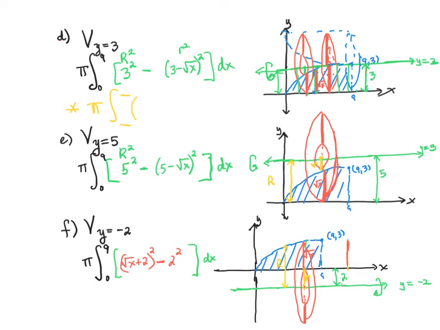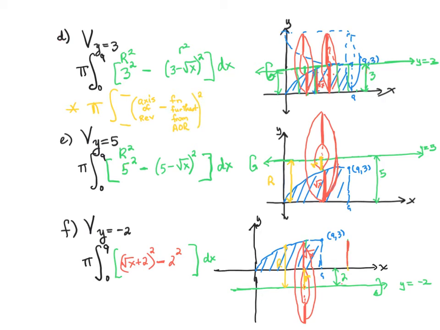Now, we start with this. It's the axis of revolution minus the function furthest from the axis of revolution. I'll put AOR squared.